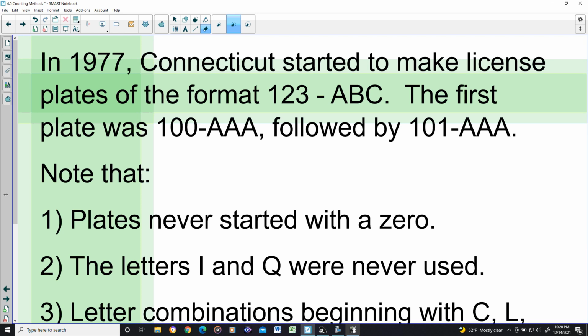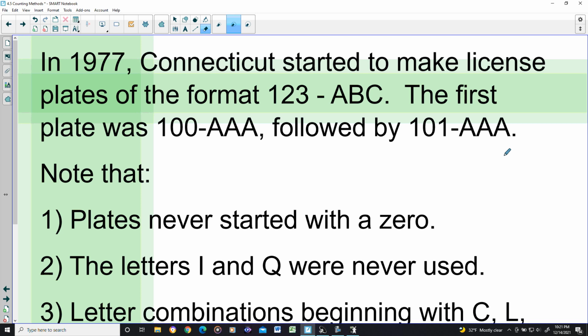So we want to know maybe how many license plates of this format exist. Now, this is by no means an exhaustive list, and the true number of plates in this series is not really something I'd be able to figure out because there's a lot of exceptions. But we'll start with a few. What you may not know is license plates are handed out in order.